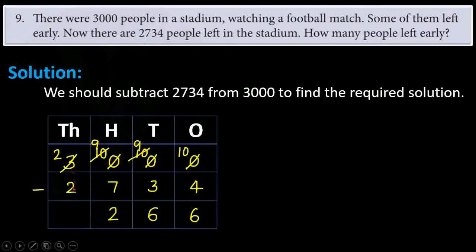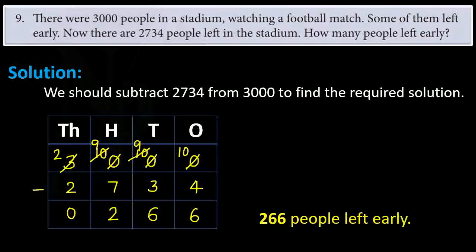So subtracting 2000s from 2000s we get 0. Therefore the conclusion is 266 people left early.